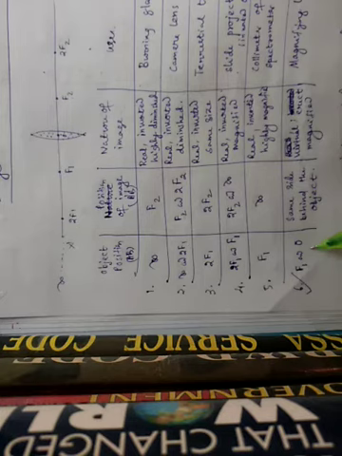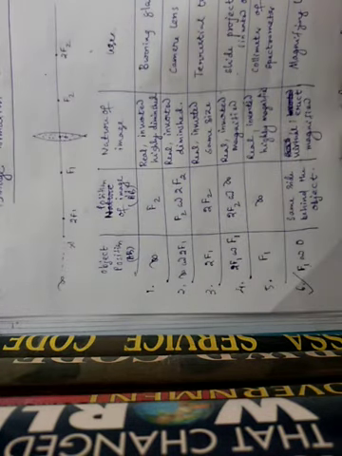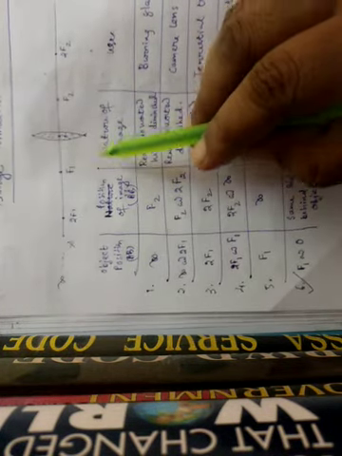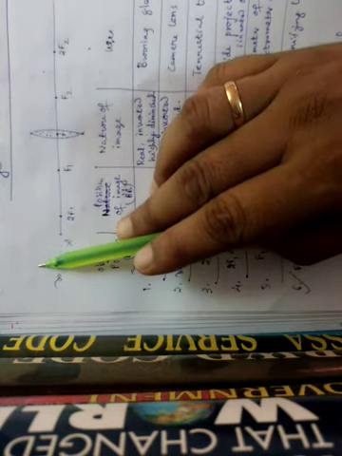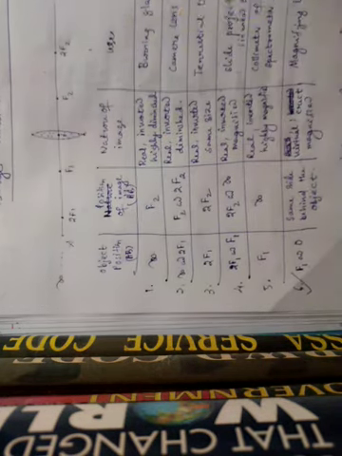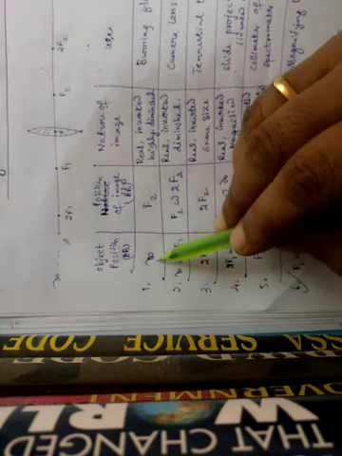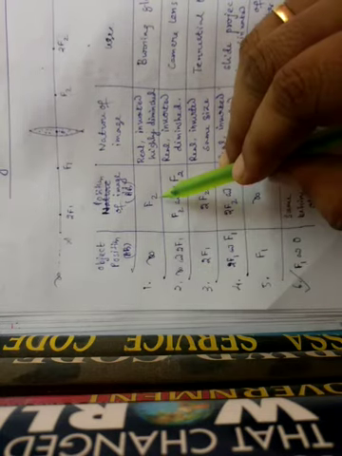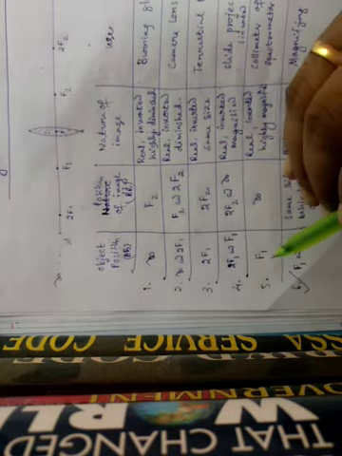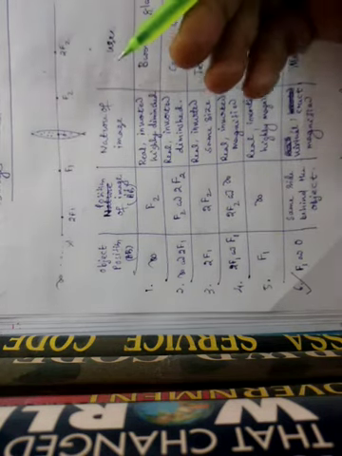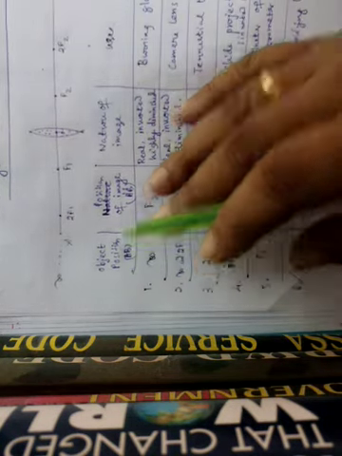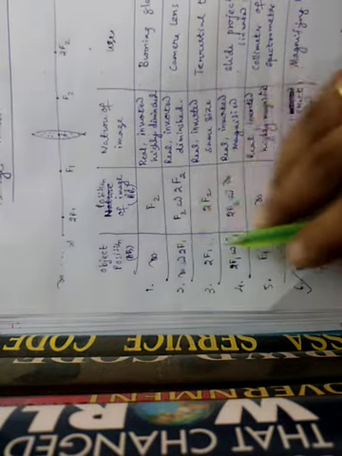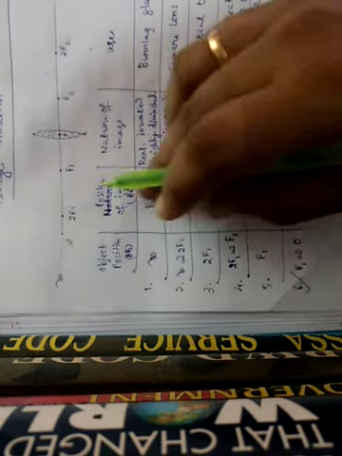Now how will we fill the position of the image? Only one thing you remember: when the object is at infinity, the image is at the focus. That means infinity stands for F2, F1 stands for infinity, 2F1 stands for 2F2, and 2F2 stands for 2F1. Except for this position, we can fill up all the positions of the image in this column.